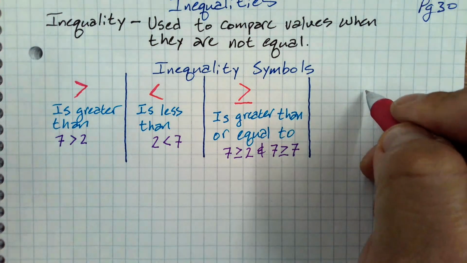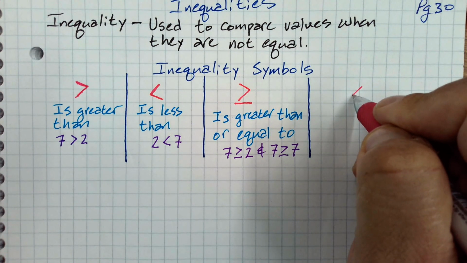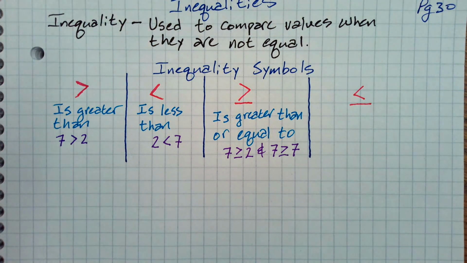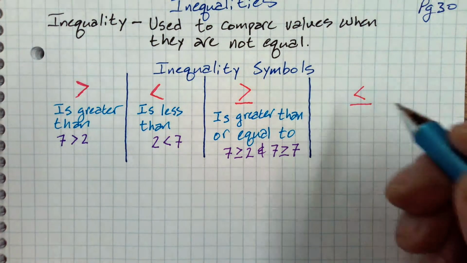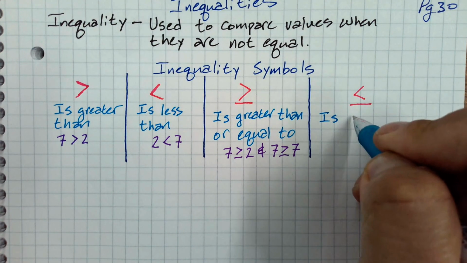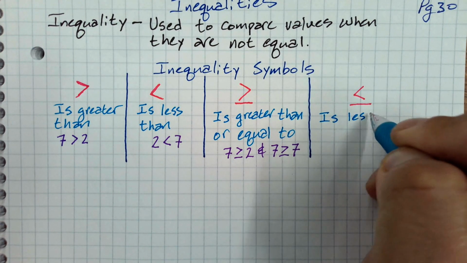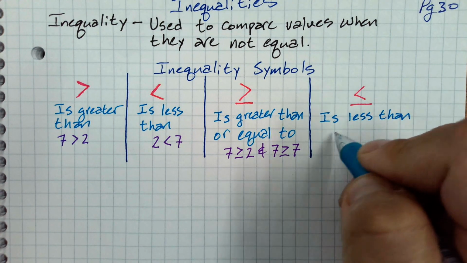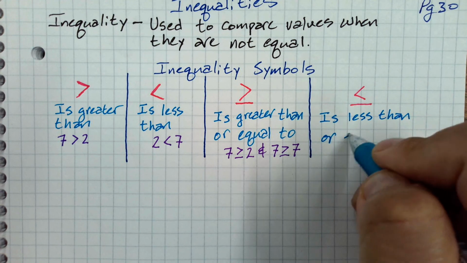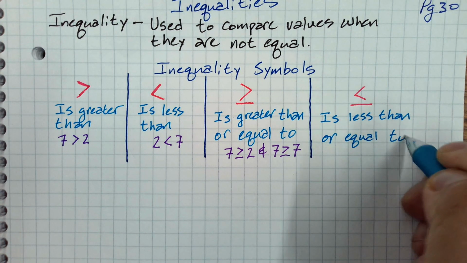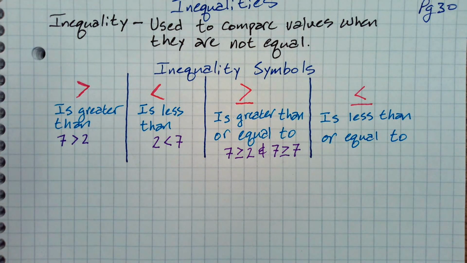Okay, the last one is less than or equal to. Less than or equal to. And to make Miss North happy, we're going to say is less than or equal to. Okay.